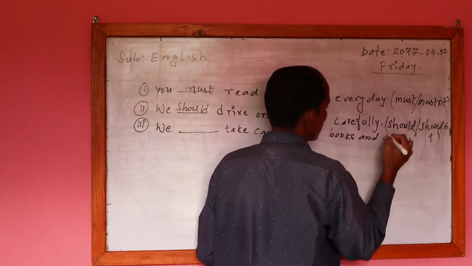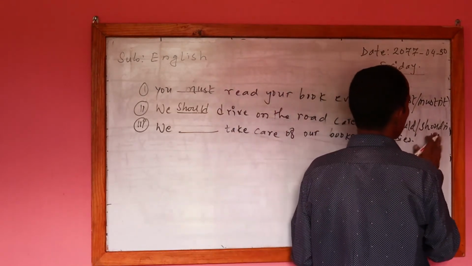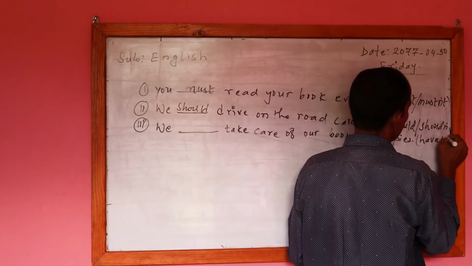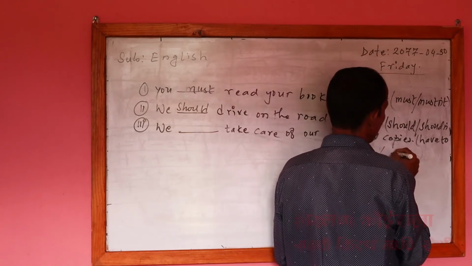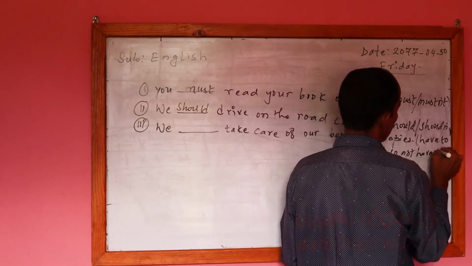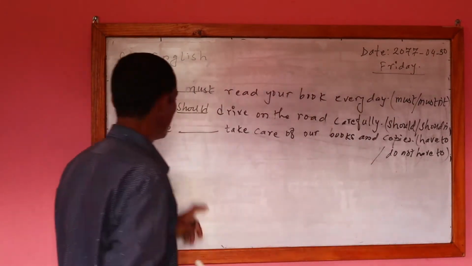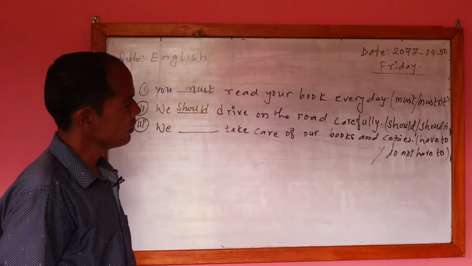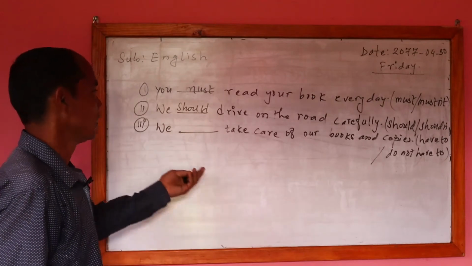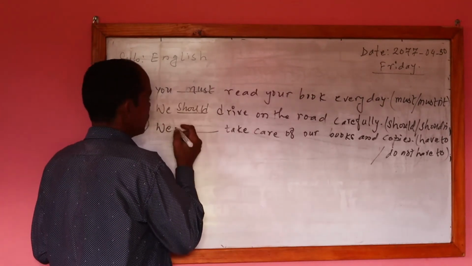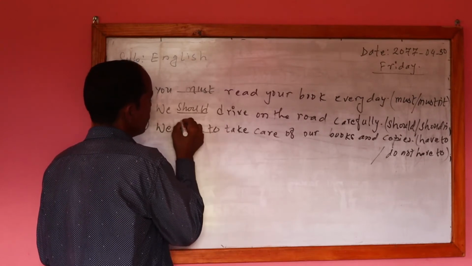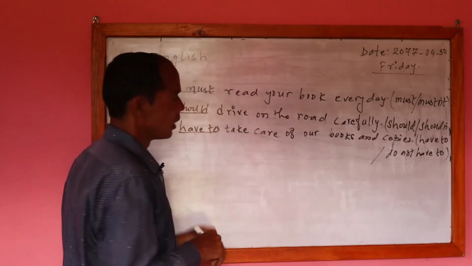If this sentence is here and it is written, we have to or do not have to, we have to take care of our books and copies, or we do not have to take care of our books and copies. What can be here also? We have to. This should also be the positive one.